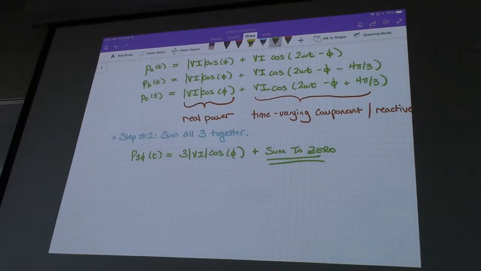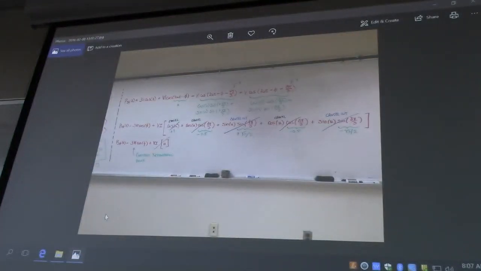So if you go back to the old section of the notes, what's labeled on the website is, I guess, 2016 to 2018, the whole derivation is done up there. If you're interested, you can see why and how it sums to zero.